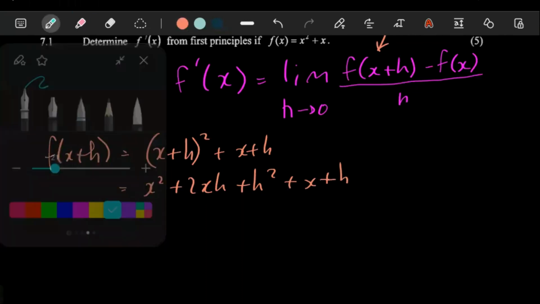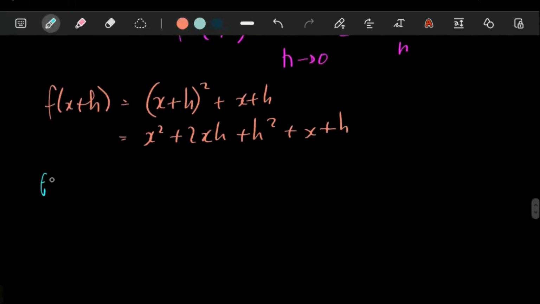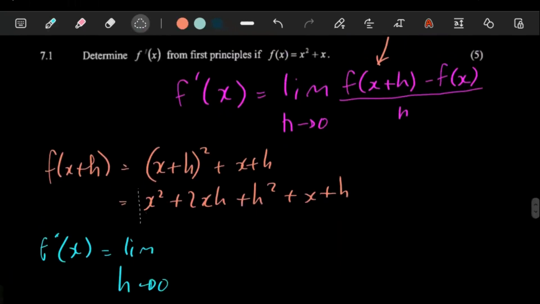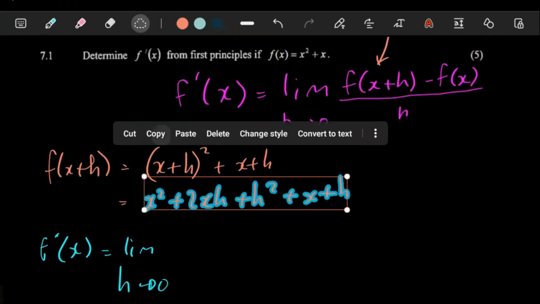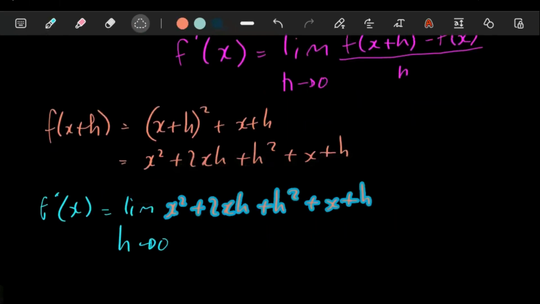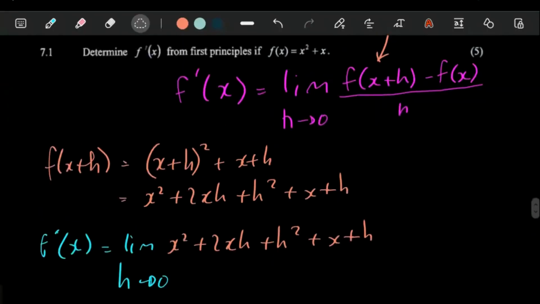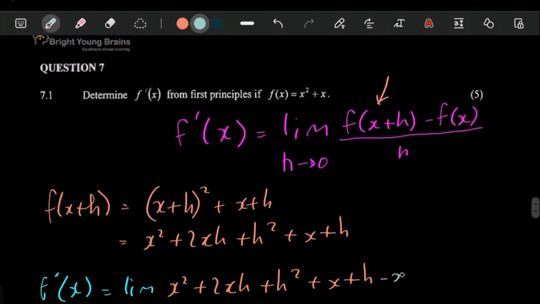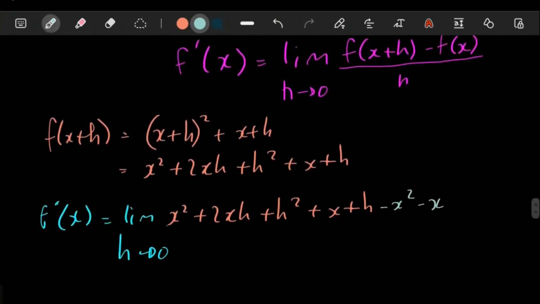So in our main equation, f prime is equal to limit h goes to 0 of this whole thing here. Let's copy it and paste it over there. And then from here, we have to subtract f of x, so you're going to say negative x squared and then negative x, and the whole thing over h.